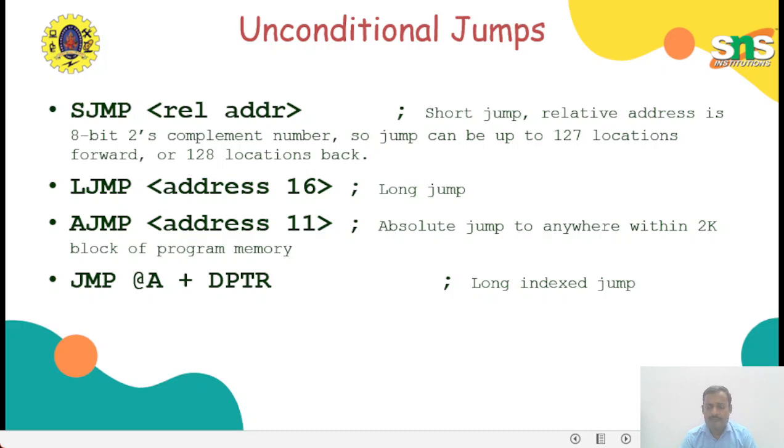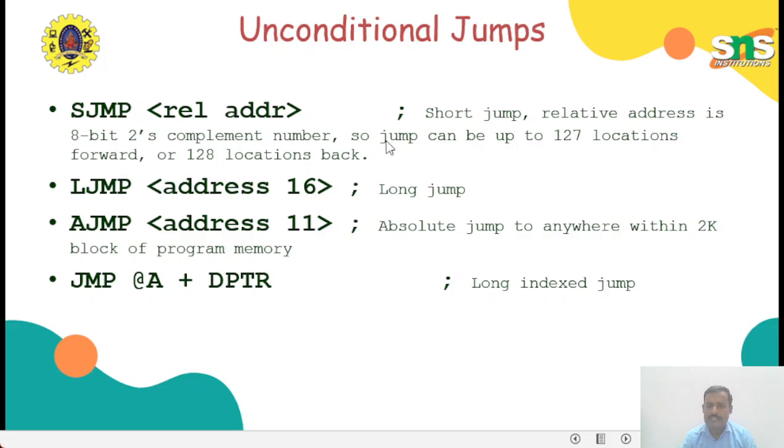It uses relative addressing of 8 bits, with 2's complement numbers. So from the current location, it can jump back 128 locations, and forward 127 locations. So it can jump plus or minus 128 locations.